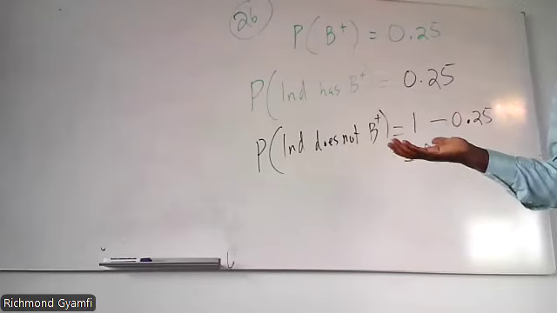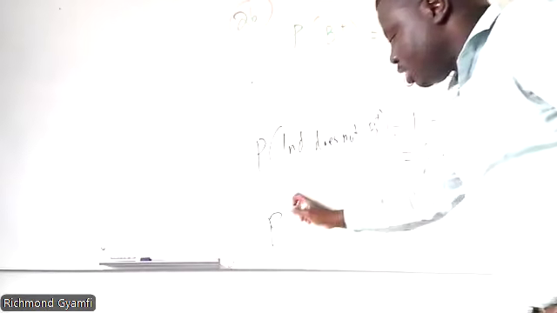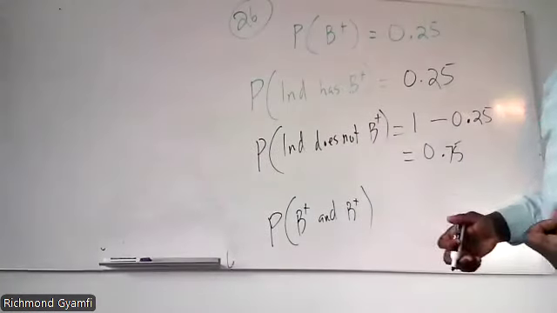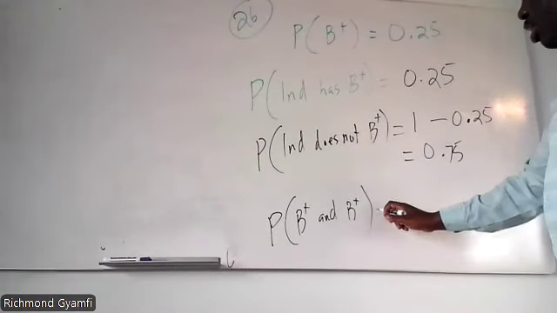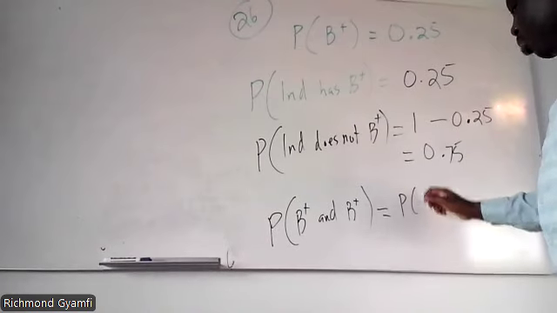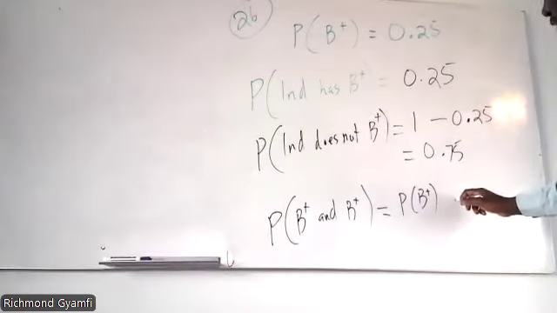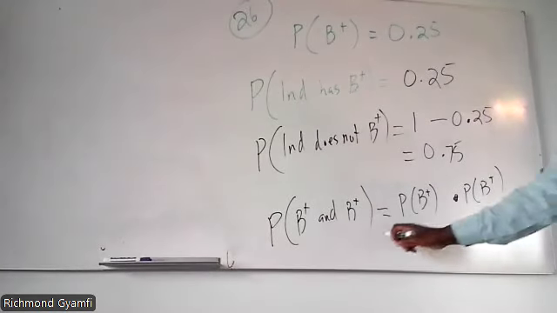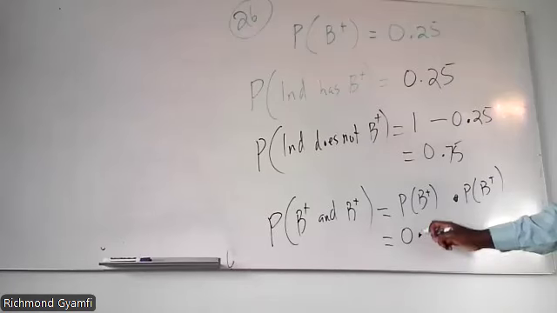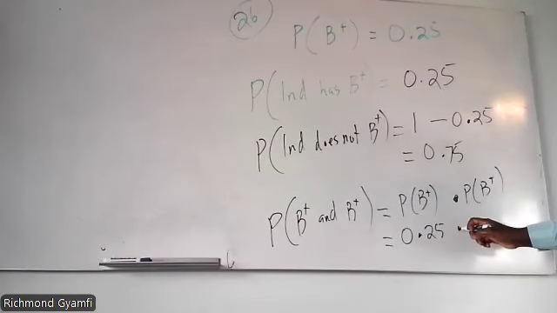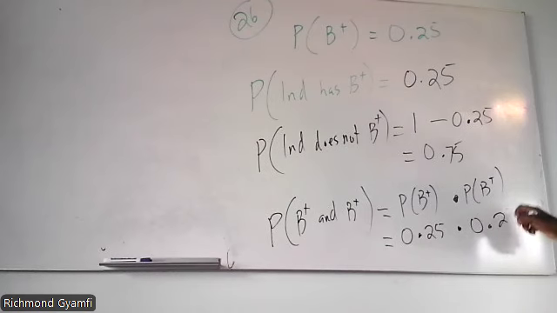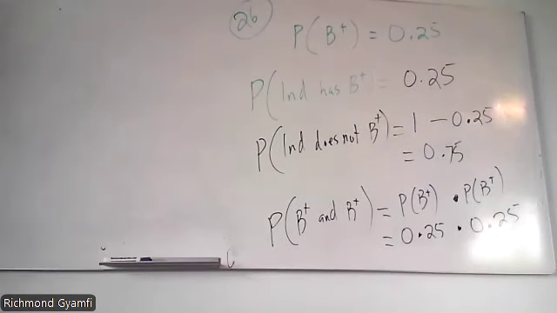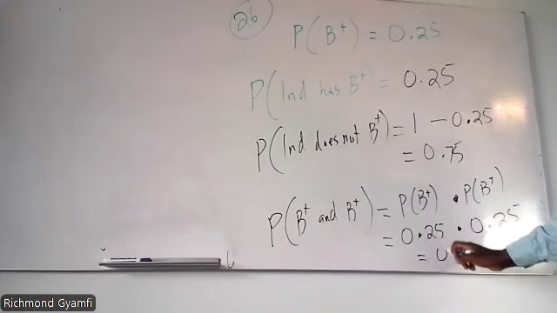So the probability that the first individual has B plus blood and the second individual has B plus blood, you go back to the rules of probability for independent events. Multiply the probability that the first person has B plus times the probability that the second person has B plus blood. Both are 25%. You multiply that, so that comes out to 0.0625.